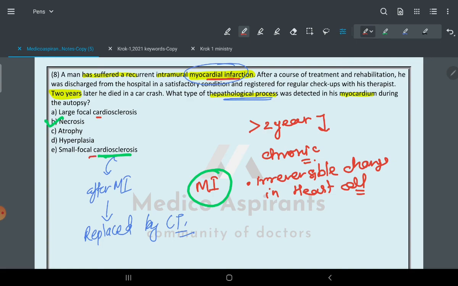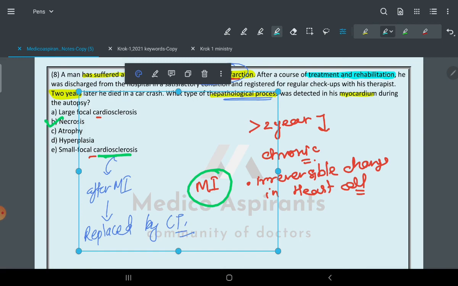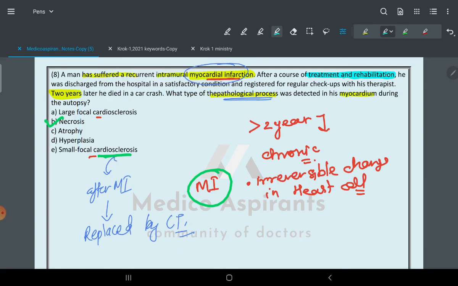Why don't I favor this answer? Because the question clearly says that in the course of treatment, when treatment was given, why would the post infarction stage come? When a person is getting proper treatment, why would the post infarction stage come? Sclerosis itself is identified after infarction, but that person was already getting that kind of treatment.